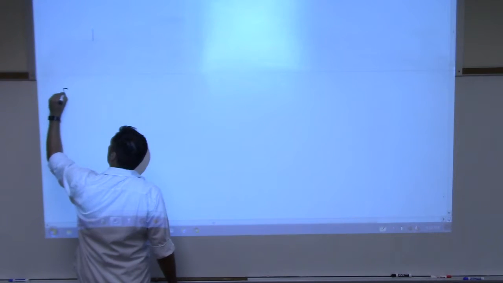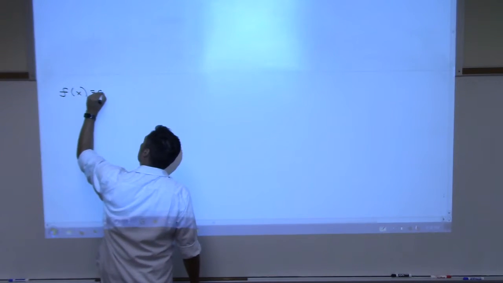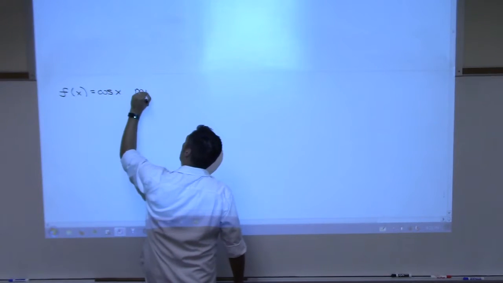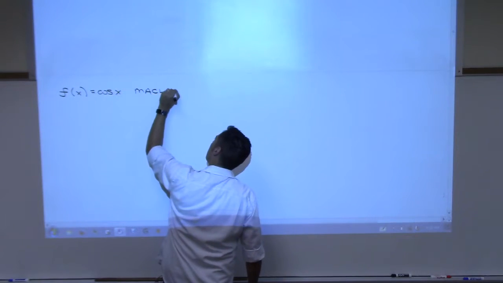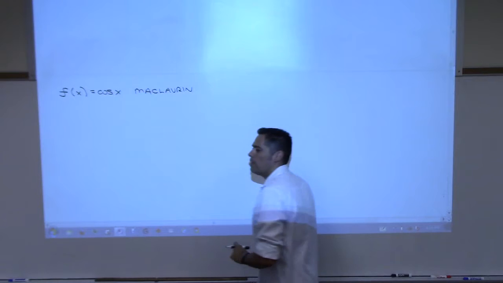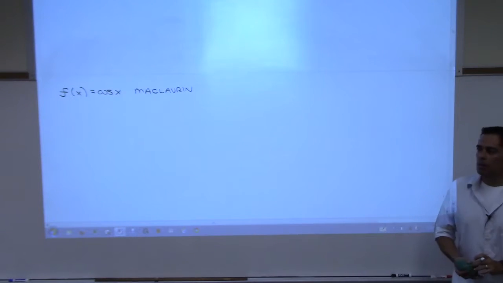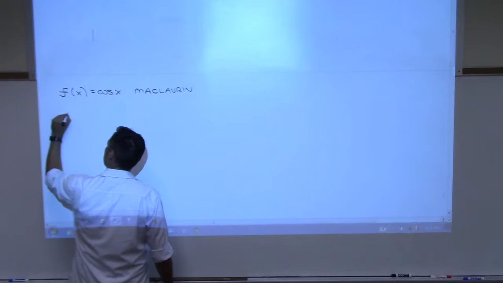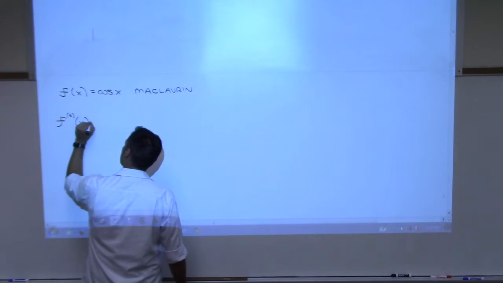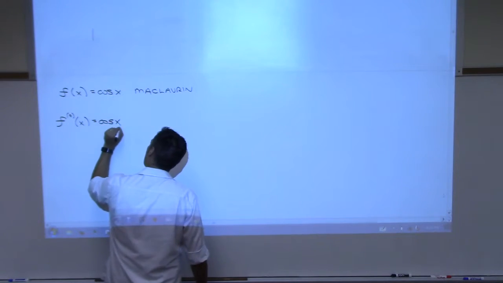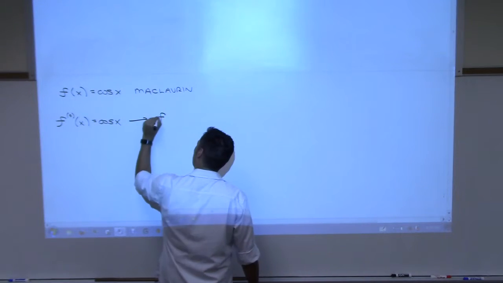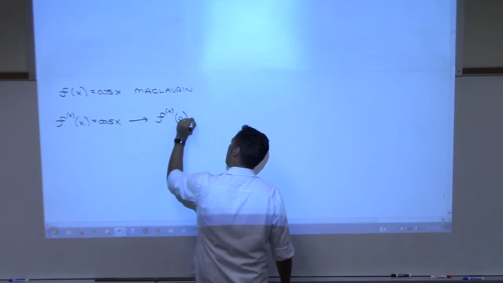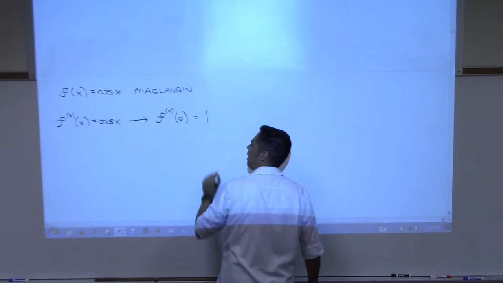All right, f of x equals cosine x. We're going to do Maclaurin. Ready? The Maclaurin for cosine. So I'm going to start taking derivatives. The 0th derivative of this is itself. Plug in 0, cosine 0 is 1.